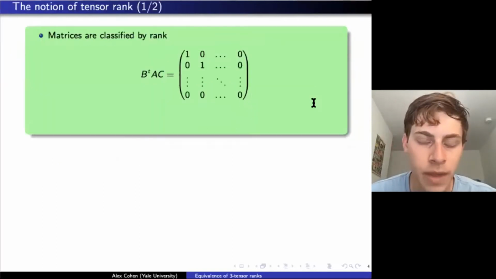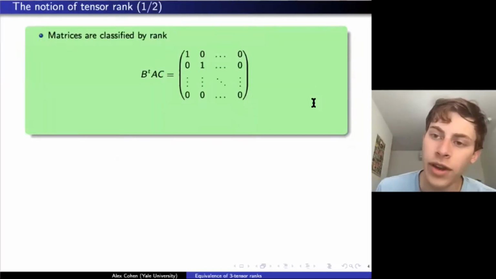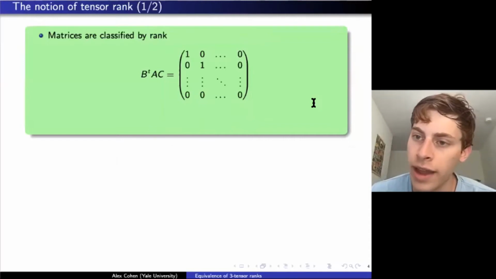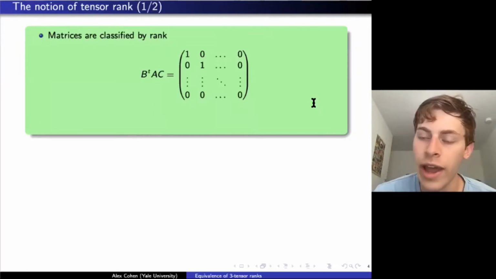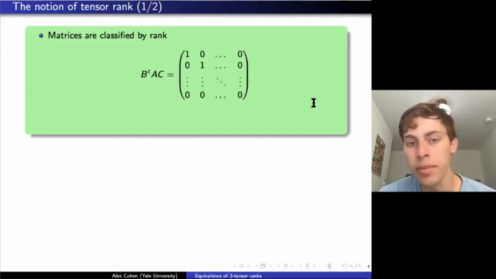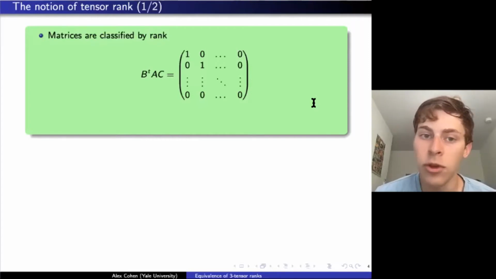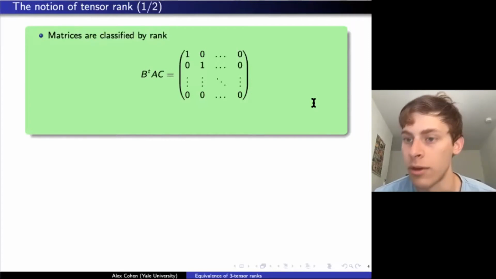What we're interested in here is a notion of tensor rank. An important distinction is that tensor rank is really very different from matrix rank. What makes matrices so simple is that they are classified up to a change of basis by just one number, which is their rank.